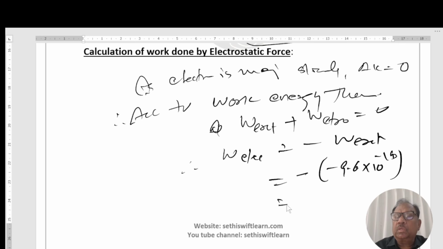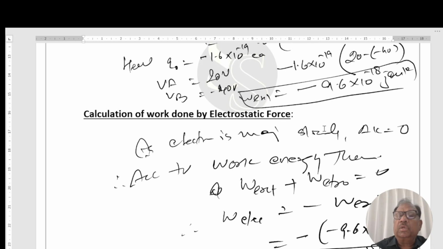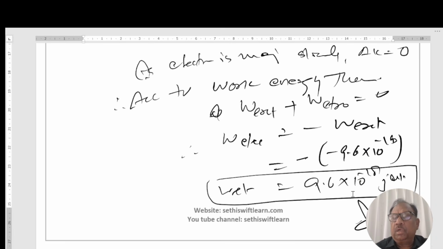On further simplification, this comes out to minus 9.6 into 10 to the minus 18 joule. This is the electrostatic work, and this is the final answer.